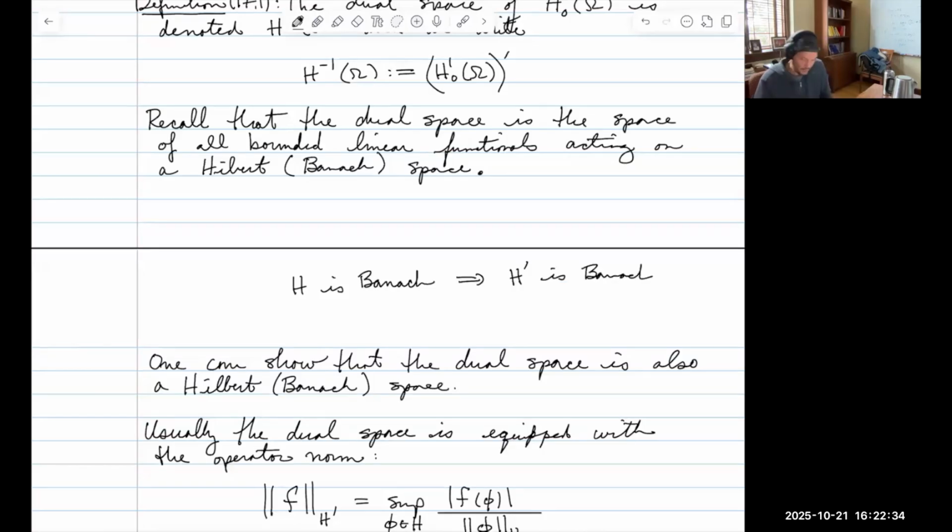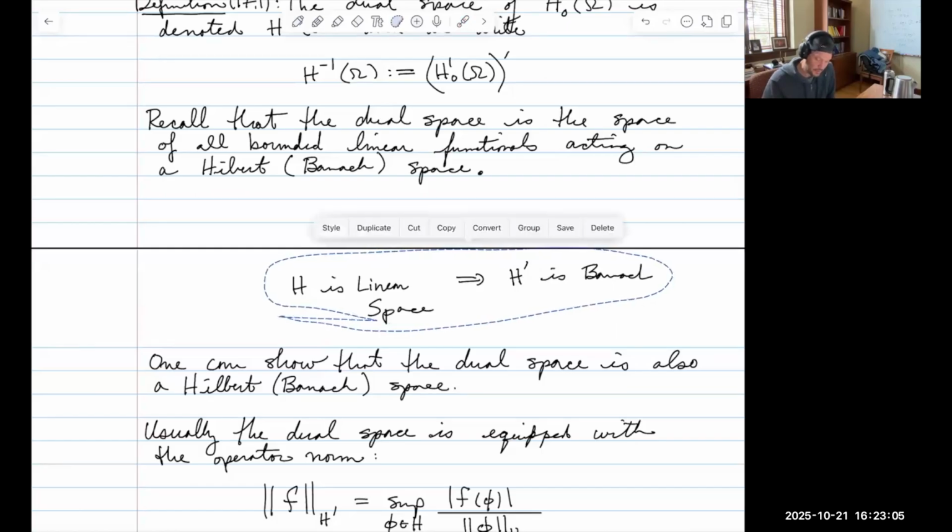No, that's not correct. It's simpler than that, actually. If H is a linear space, then H prime is a Banach space. It doesn't even have to be a Banach space itself. Okay, so it's much simpler than that. Let's put that result in our pocket.